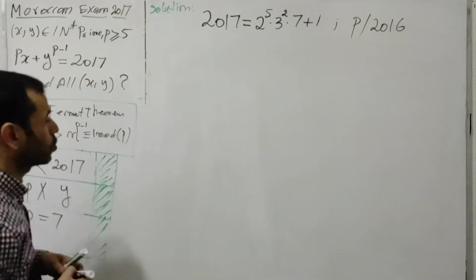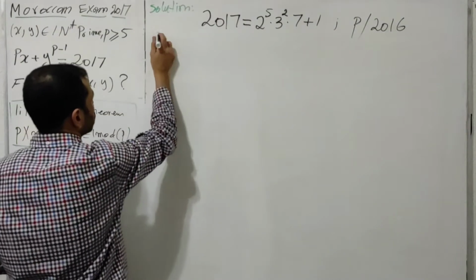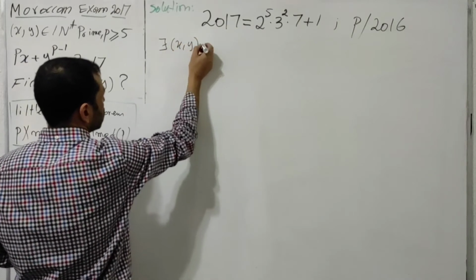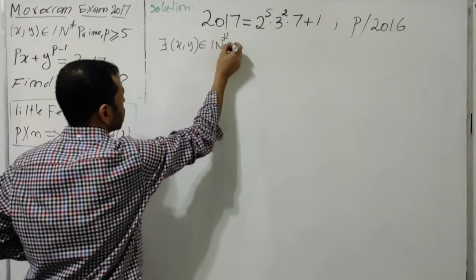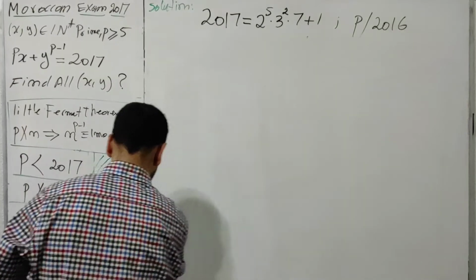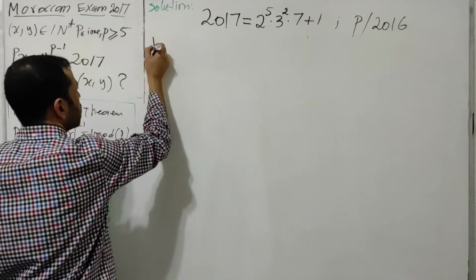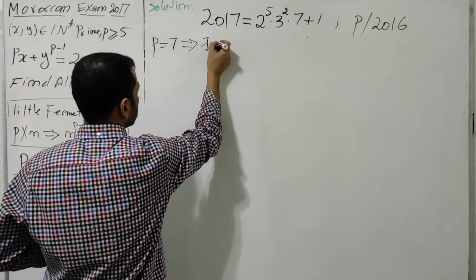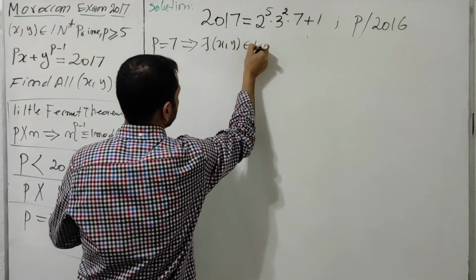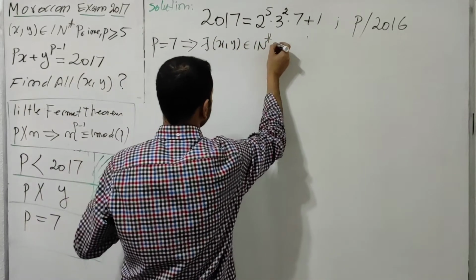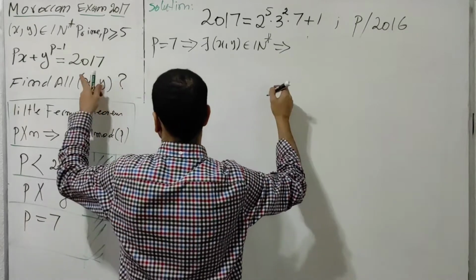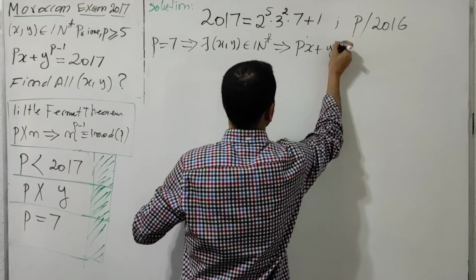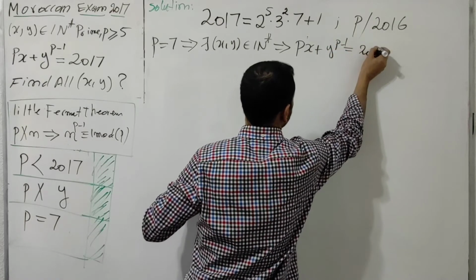In order to verify that p equal to 7 satisfies this equation, I'm going to go through this condition. Here x and y are positive integers, and this condition is valid only if p equals 7, if and only if there exist x and y positive integers verifying this equation, p multiplied by x plus y^(p-1) equals 2017.